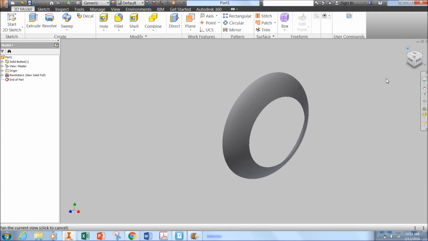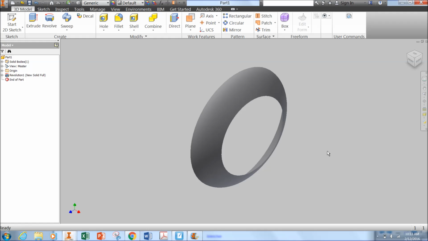And reorienting my figure, you can see that I have a curved outer surface of y equals x squared, and a linear inner surface of y equals x.